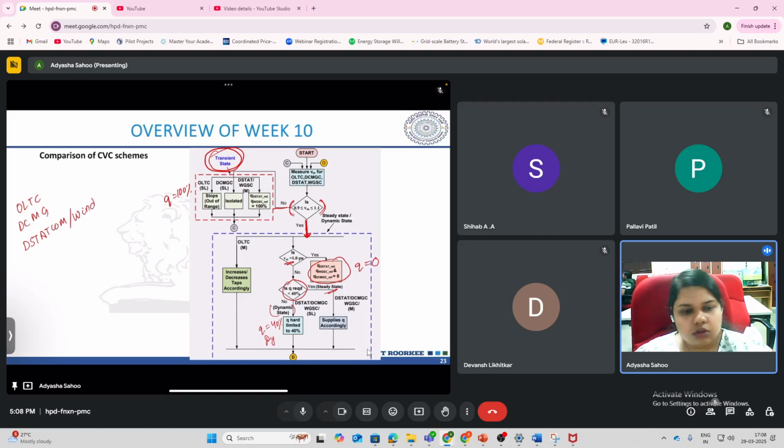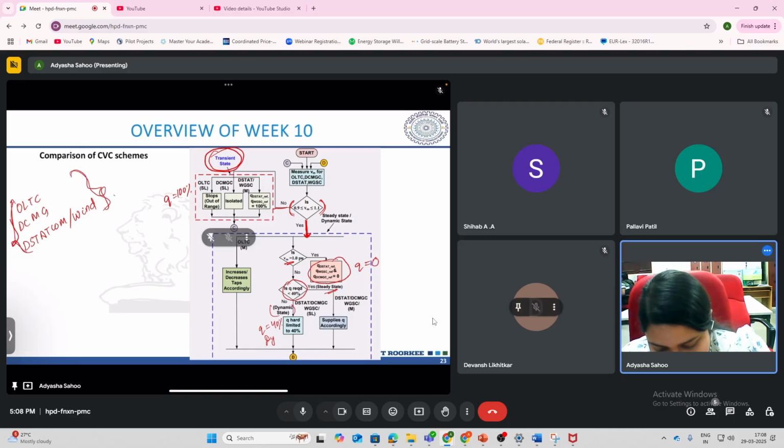So their role is different. So what is this concept of master and slave? Basically, we have three sources with us and we are activating them for correcting the voltage. So first thing is, we do not want all the three sources to act at the same time.